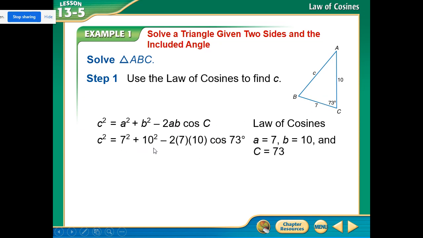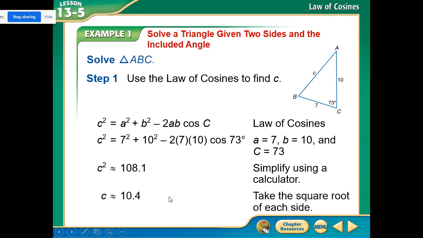So 7 squared plus 10 squared minus 2 times 7 times 10 times cosine of 73. All of this can be typed into your calculator, and c squared equals 108.1. Then we take the square root, and c equals 10.4.